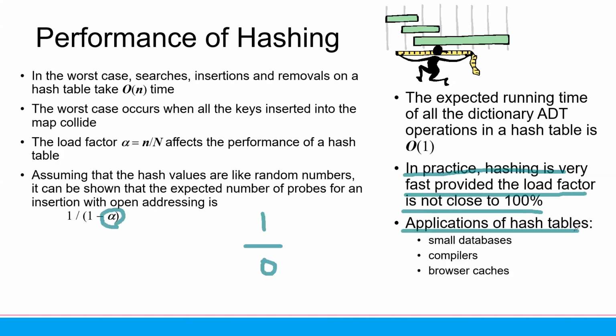As for applications of hash tables, we can usually use them in small databases. In a small database, it is good to apply hash tables. Compilers, when we are running Python or Java, we use a compiler, so that kind of thing uses hashing. And browser cache.